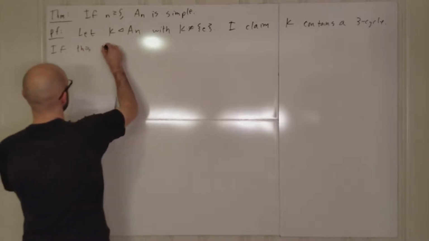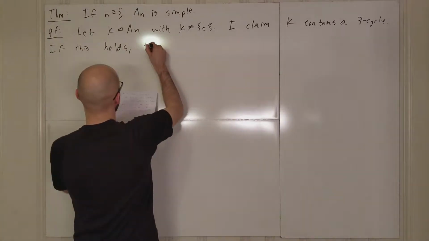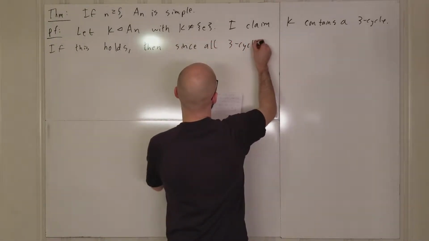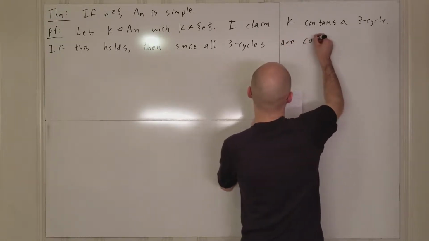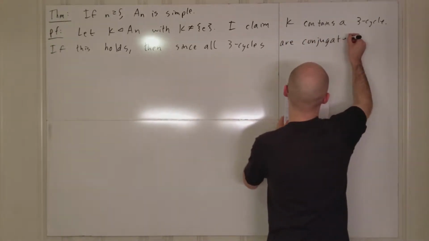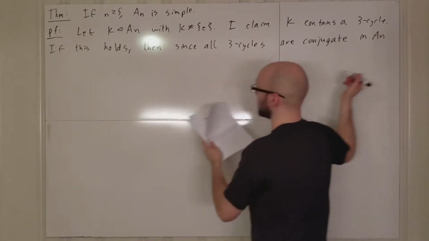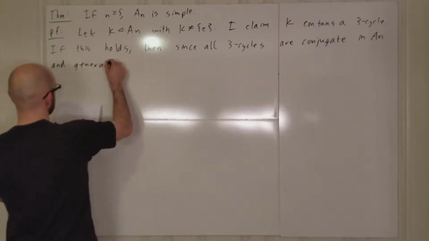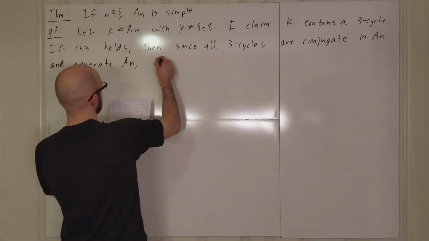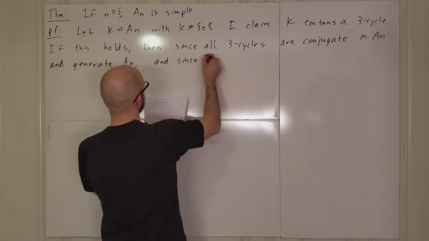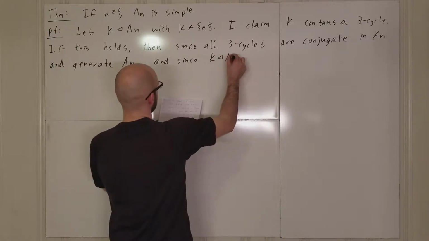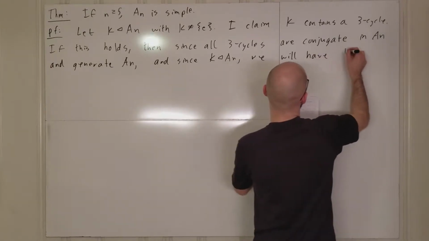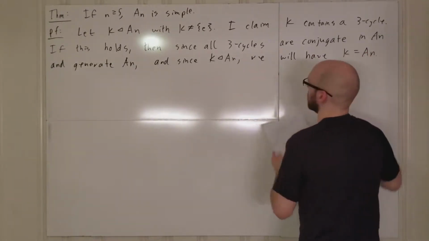If this holds, then since all 3-cycles are conjugate in A_n and generate A_n, and since K is normal in A_n, we will have that K is equal to A_n.